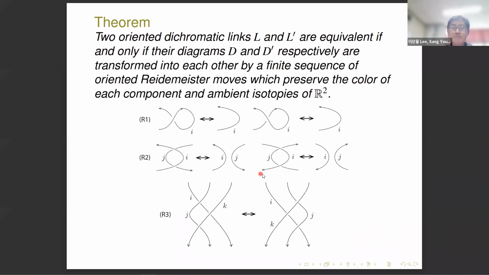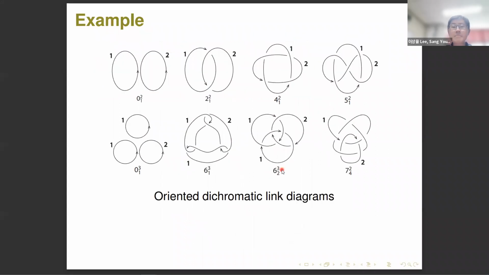These are called labeled Reidemeister moves. So here are some oriented dichromatic link diagrams. Actually, they are ordinary oriented classical link diagrams with some labels, like this.